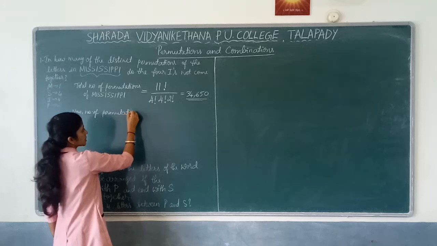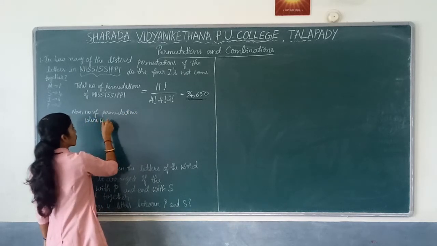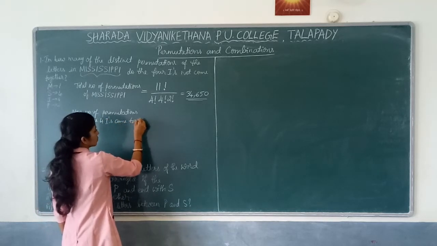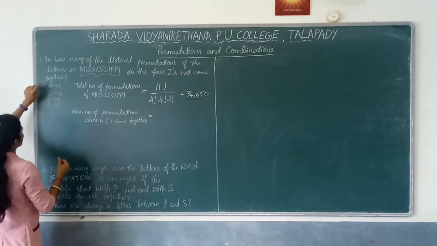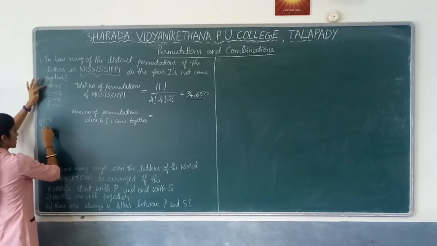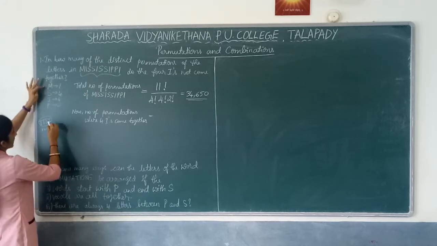Okay, permutations where 4 I's come together is equal to, okay, what? Now see, we have to consider this with the 4 I's coming together. If 4 I's are together, this forms 1 unit, correct? Now what is remaining?